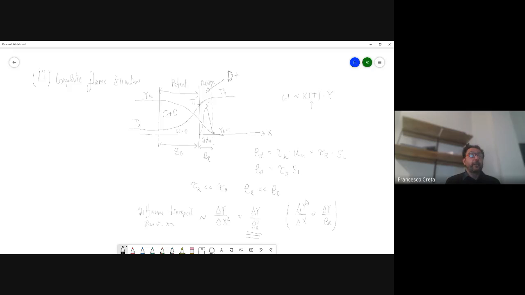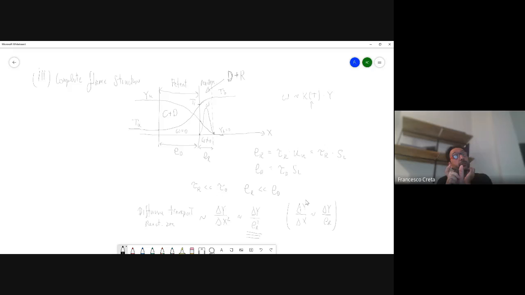And obviously, there's going to be also reaction. So essentially, you have two zones. One is bigger, one is thinner. One is the preheat zone, where you have an interplay between convection and diffusion and no reaction because the temperature is too low.